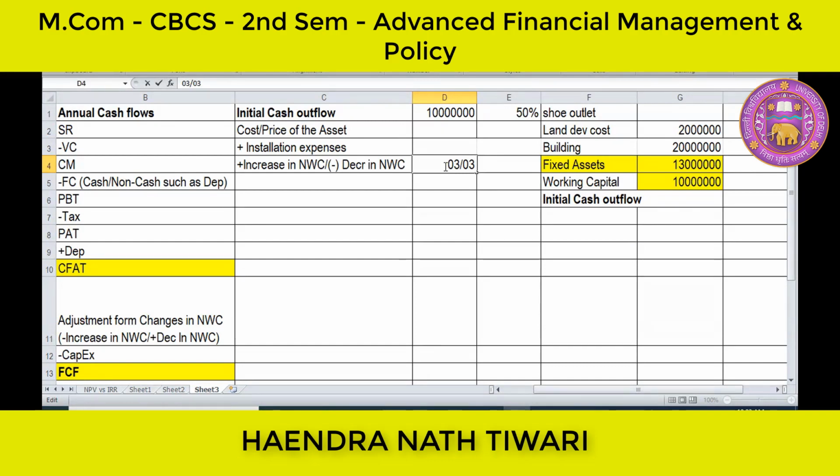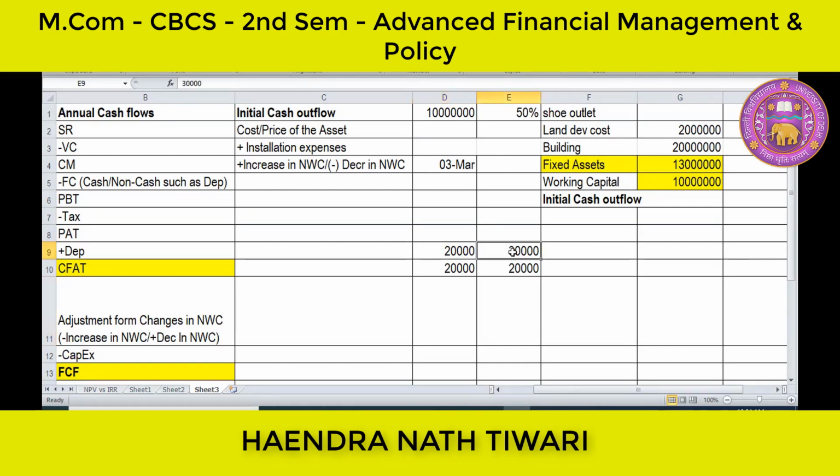Because of this new machine, your cost goes down because the raw material cost goes down. At the same time, you would need lesser units of inventories. Earlier, to produce 20,000 units, you needed 30,000 units of raw material. Now to produce 20,000 units, you would need just 20,000 units of raw material.